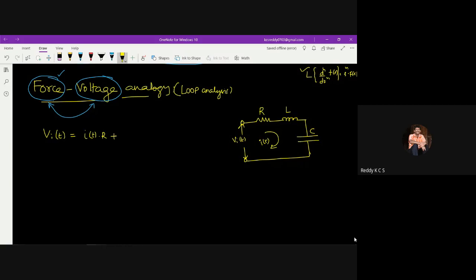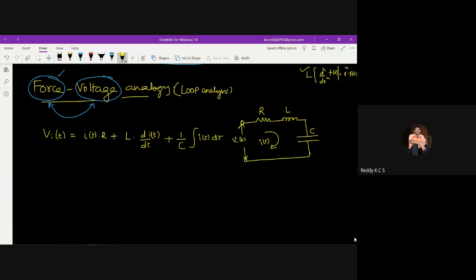Then the inductance: the voltage across the inductance, we have the equation L into d by dt of I of t. Similarly, the voltage across the capacitor, we have the equation 1 by C integral of I of t dt.